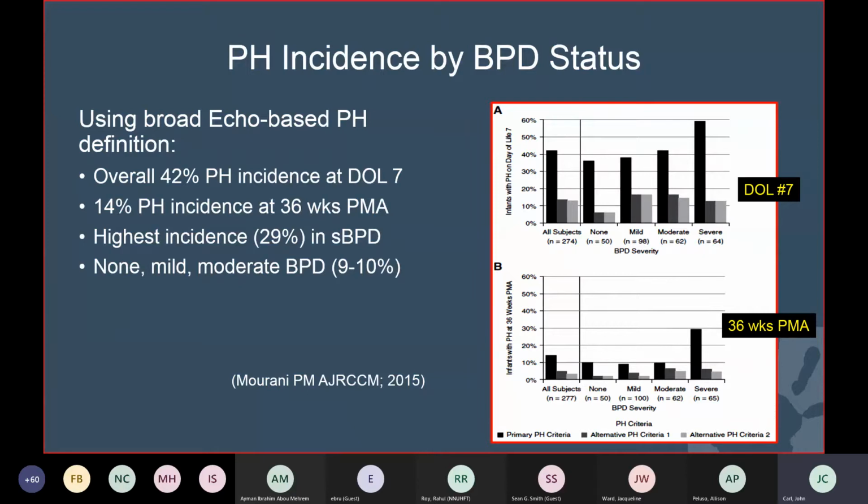The various graphs, this is from the black boxes. The others are from alternate criteria. But even those with none, mild, or moderate bronchopulmonary dysplasia, about a 9 to 10% incidence of PH is defined by echo.